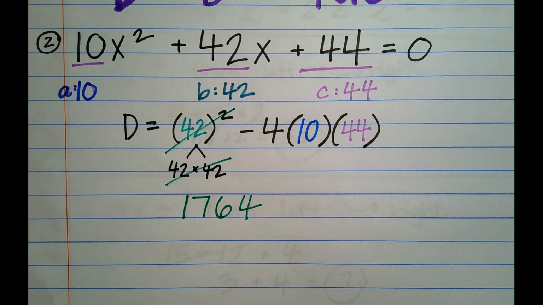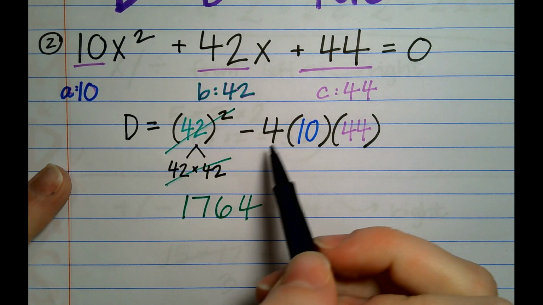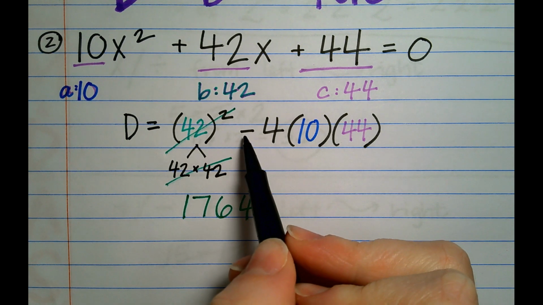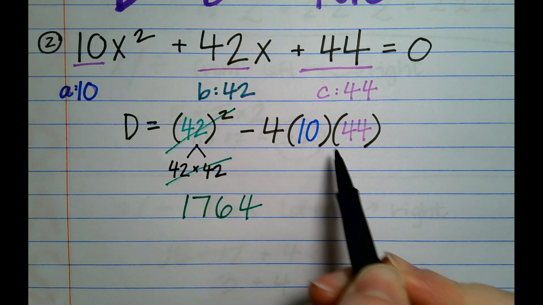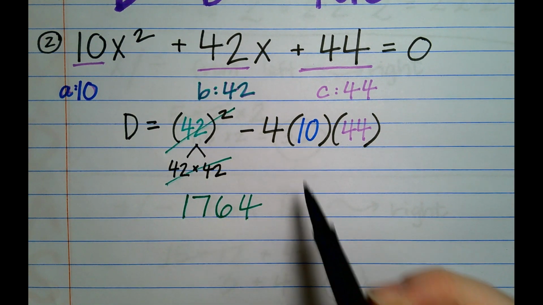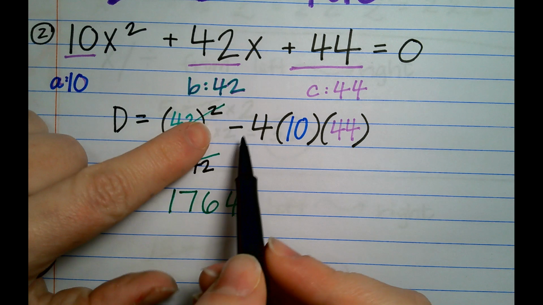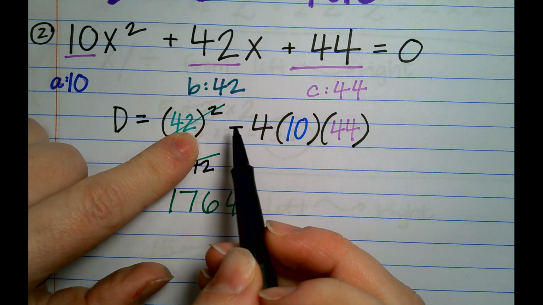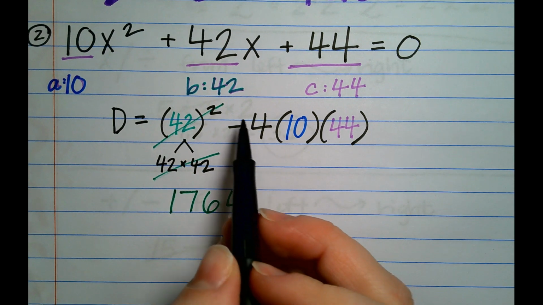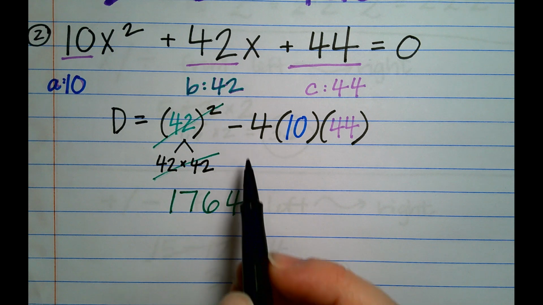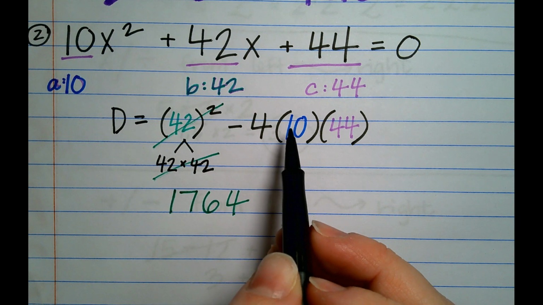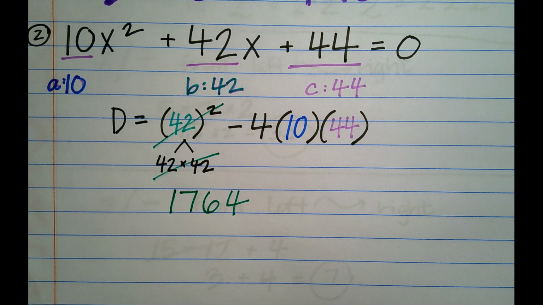Multiplication. We're going to do our multiplication. So, even though technically this is minus 4 times 10 times 44, we can think of this as a negative 4 like we've been doing. So negative 4 times 10 times 44.